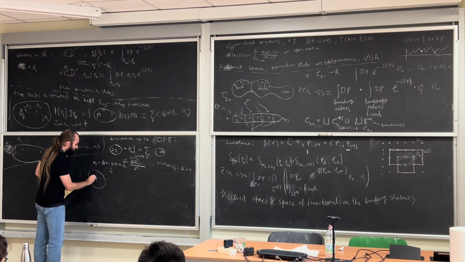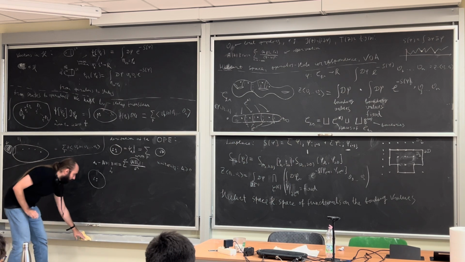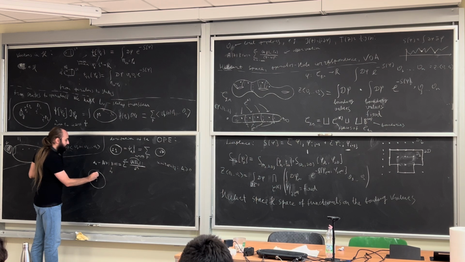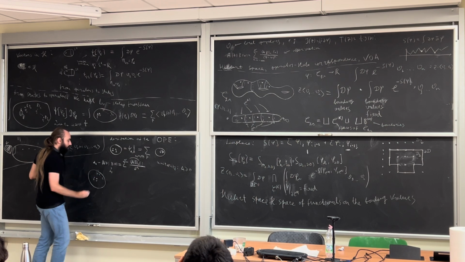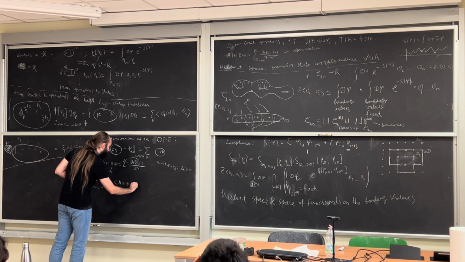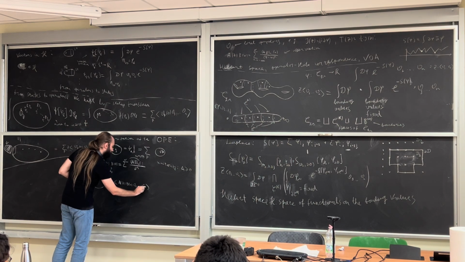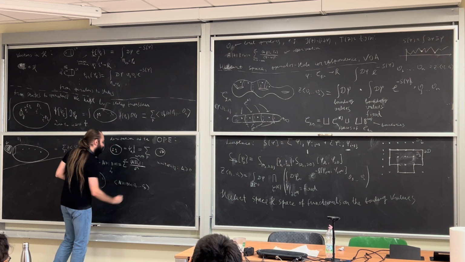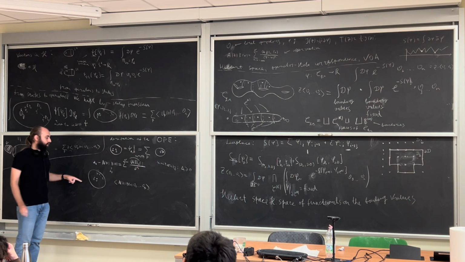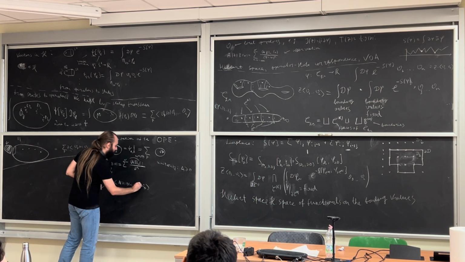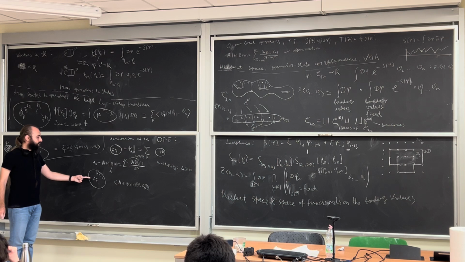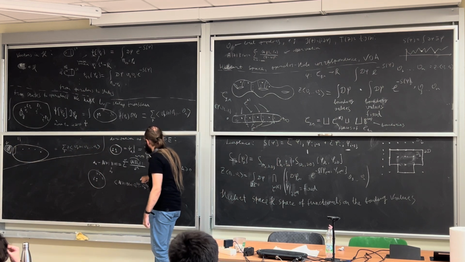So here is 0, here is z, and we are considering this correlator with A of z, B of 0, and some other fields, O1 and so on, On. Singularities of this correlator appear at 0 and all these points z1 to zn.